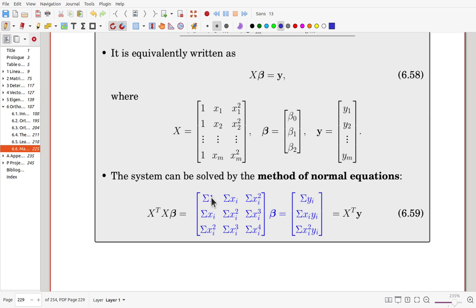And the summation of xi squared. Now the power of xi is increased by 1 here, and again one more time. And on the right side, this is the summation of yi, then power of xi, and one more power of xi. So you can see the pattern.